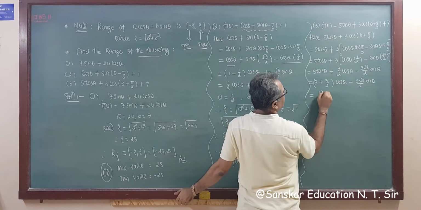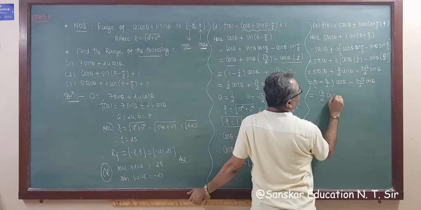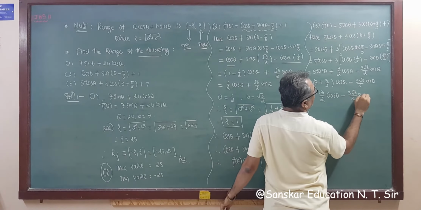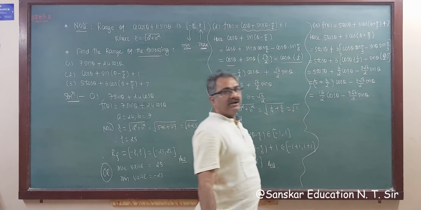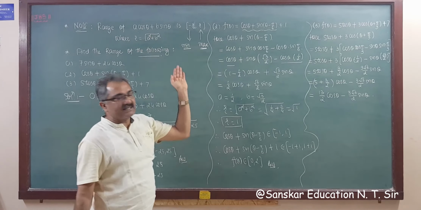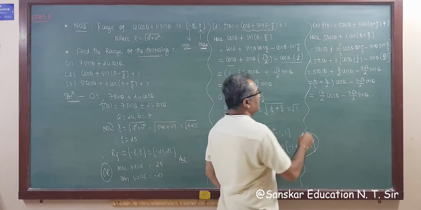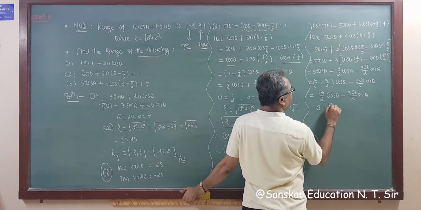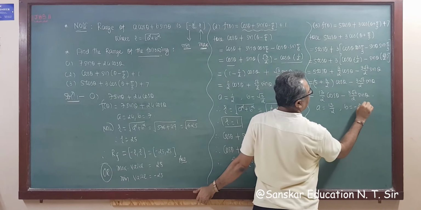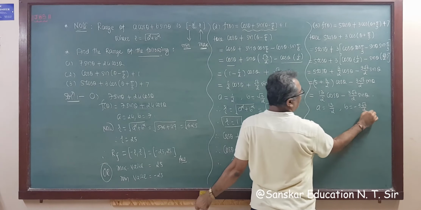So this is 13 by 2 cos theta minus 3 root 3 by 2 sine theta. So comparing with the standard formula, A cos theta plus B sine theta, A is 13 by 2 and B is minus 3 root 3 by 2.